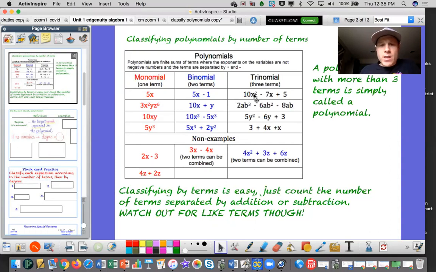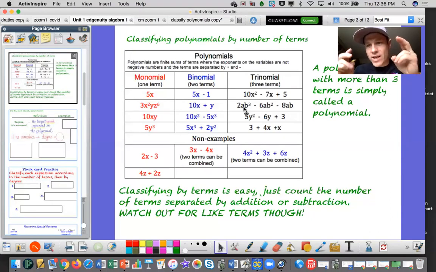Degree 2. But then when you look at the one right below it here, you have multiple variables within each term. So it's still a trinomial. However, the degree, it looks like the highest exponent's 3, but there's actually a variable combination here linking the a with the b. And the exponent rule with multiplication is that you technically add the exponents, even though you can't add these exponents because they're not like bases.